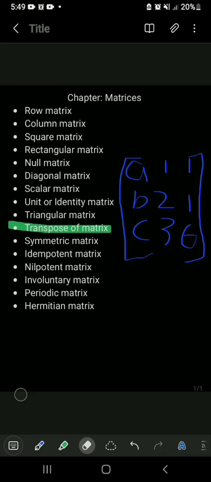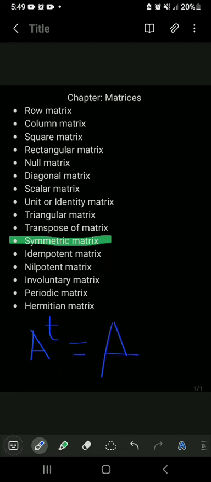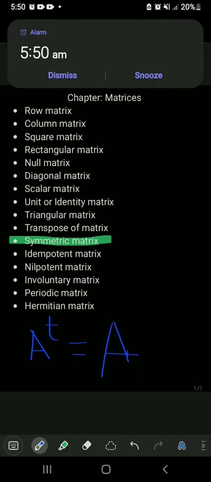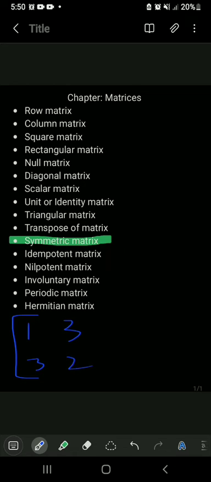Now we have done with the transpose. Now we do the symmetric matrix. A symmetric matrix is when A transpose is equal to A. Means if we take the transpose of A, it becomes again A. Take the example: if a matrix A is, for example, 1, 3, 3, 2.